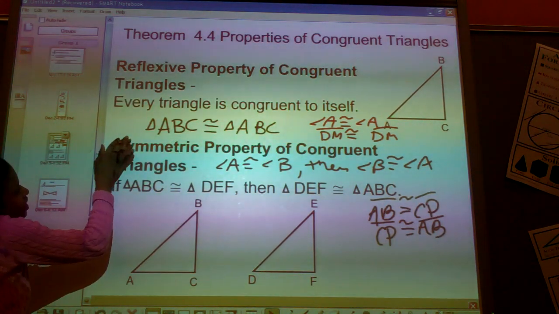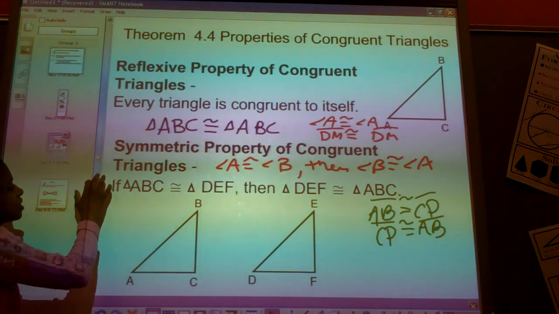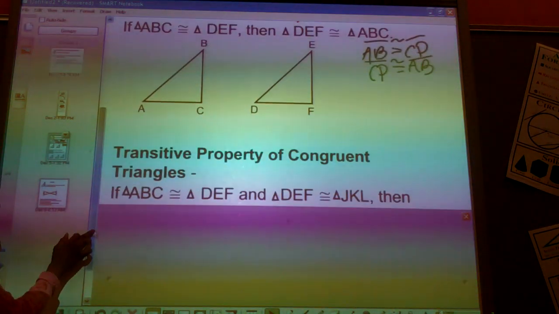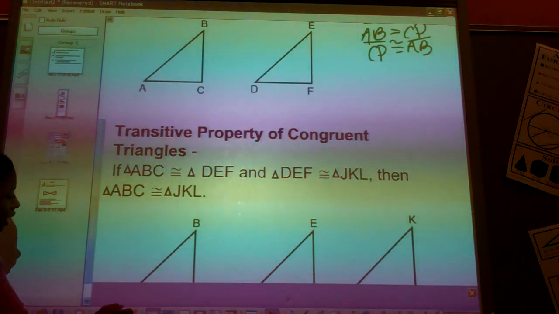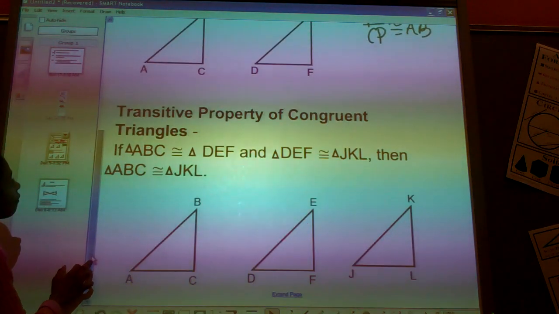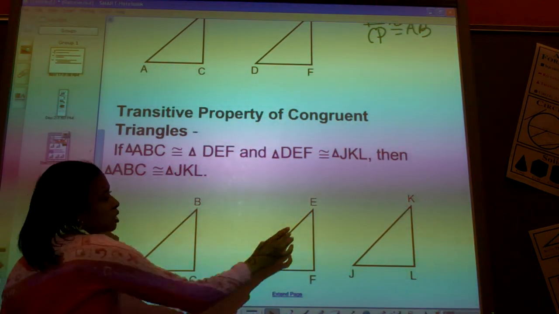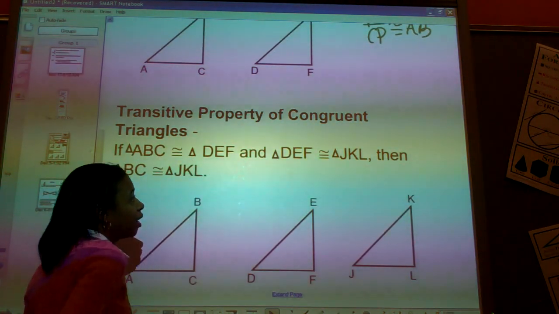So if we did reflexive and symmetric, of course the third one would be transitive. For the transitive property, we have three triangles: triangle ABC congruent to triangle DEF, and all congruent to JKL.